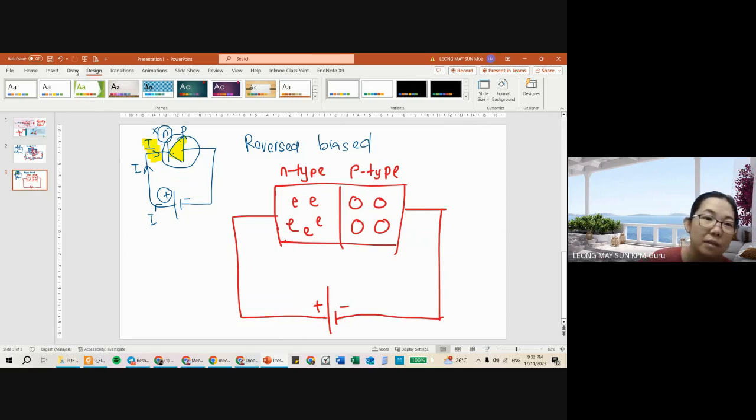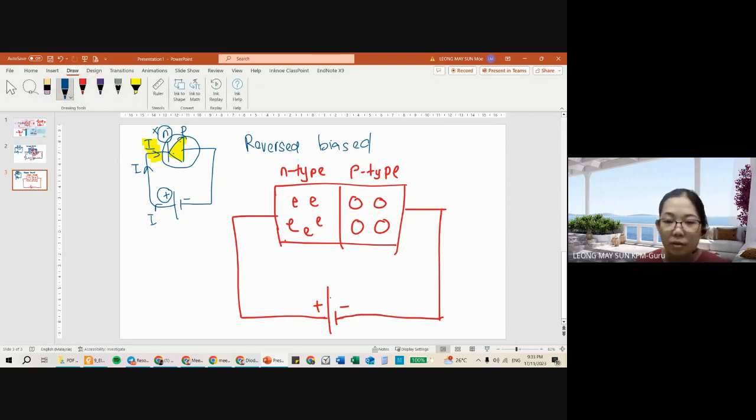But what happens when you connect the circuit is that all these electrons in the N-type semiconductor are attracted to the positive terminal. So all the free electrons in the N-type semiconductor will move towards the positive terminal.